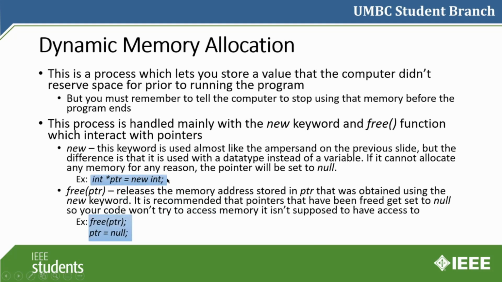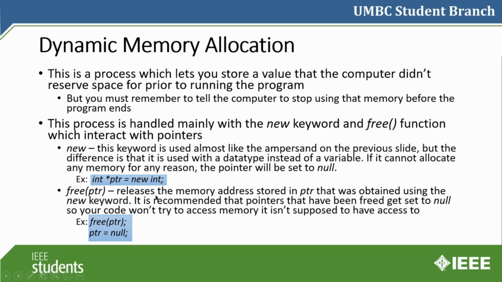So another important thing to mention with pointers is something called dynamic memory allocation. This is a special process that allows the program to not have to worry about creating special places to store memory before the code runs. The way that this is mainly done is by using the new keyword and the free function, which both interact with pointers.